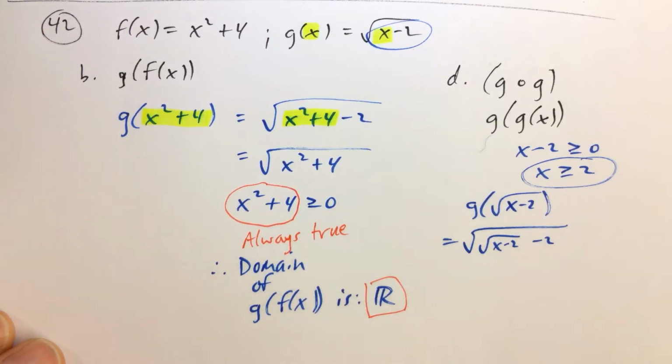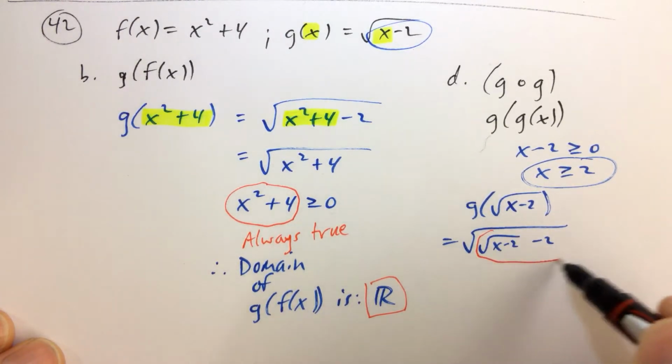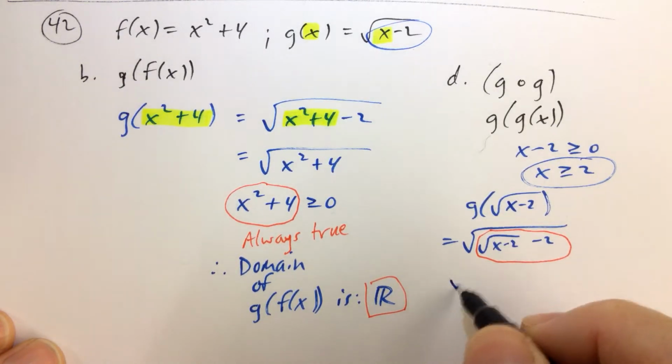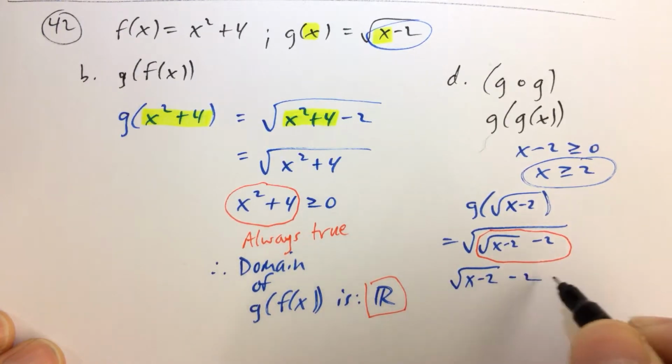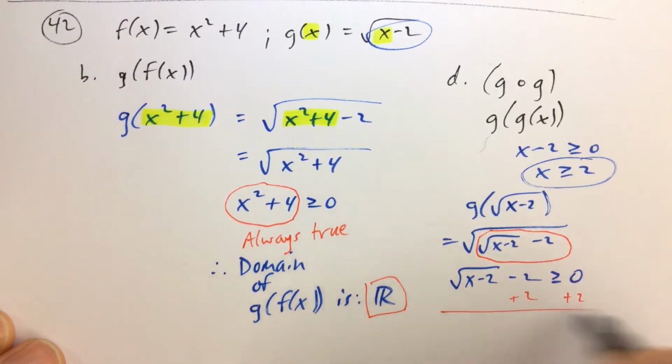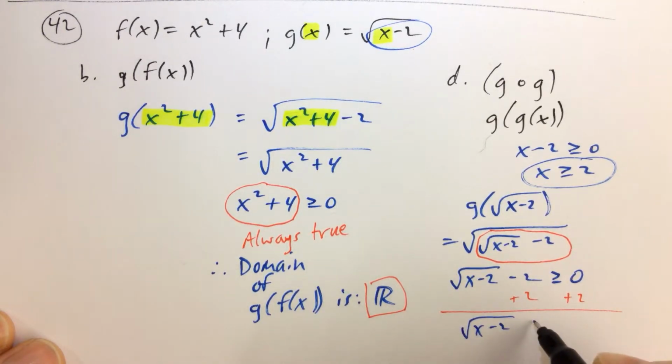So now, looking for our next set of exclusions, we have this under the radical, and we always know that under the radical has to be greater than or equal to 0. So we have this new inequality that we have to solve, and we solve that by adding 2 to both sides, and we get the square root of x minus 2 has to be greater than or equal to 2. And how do we solve this?